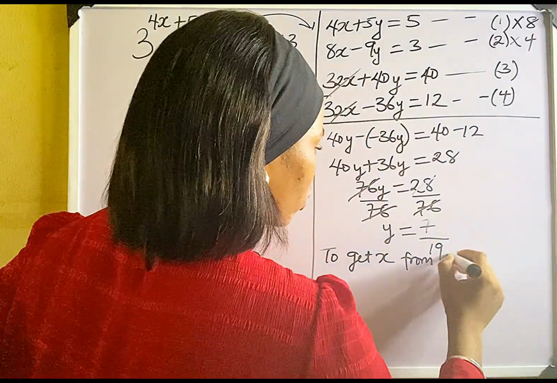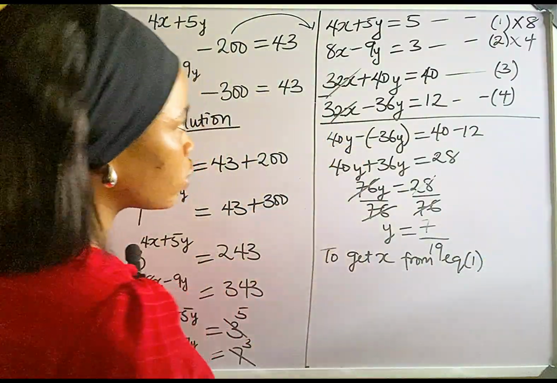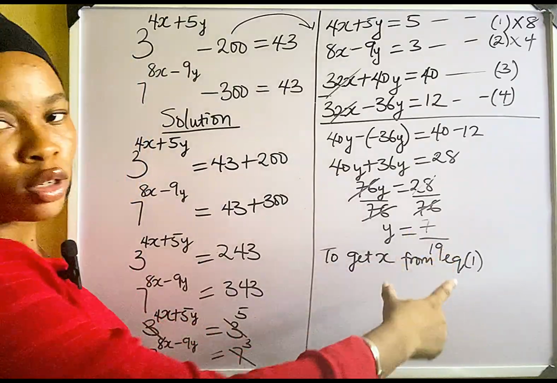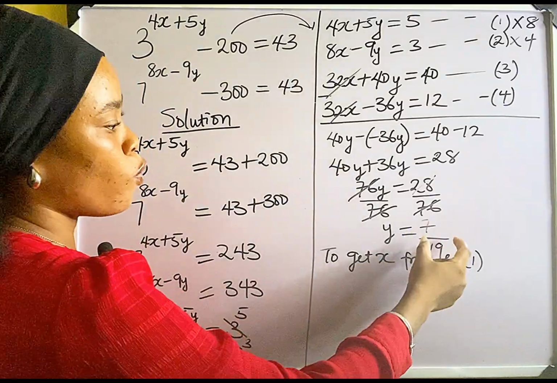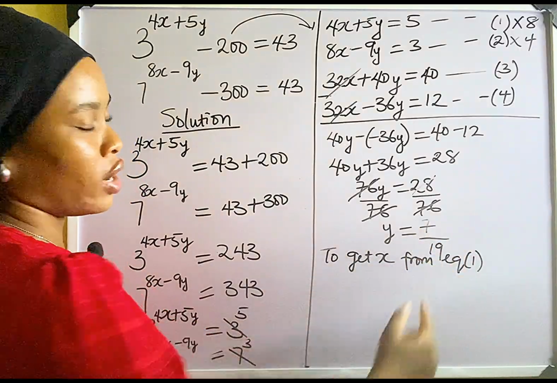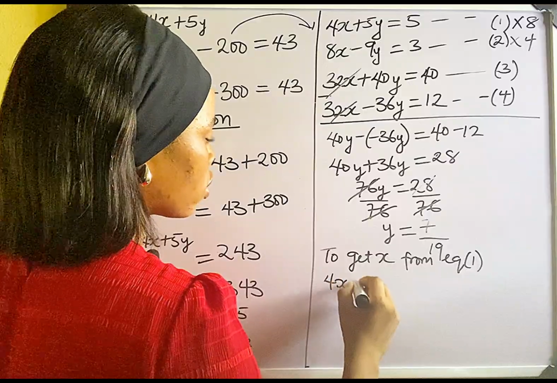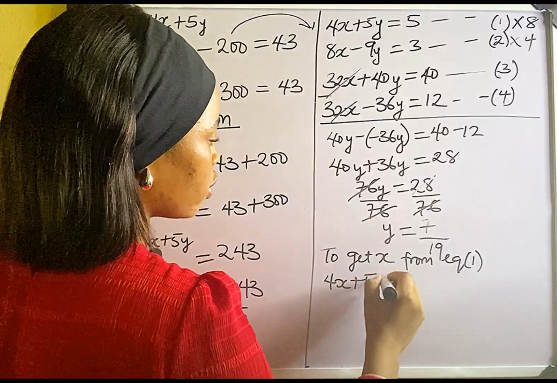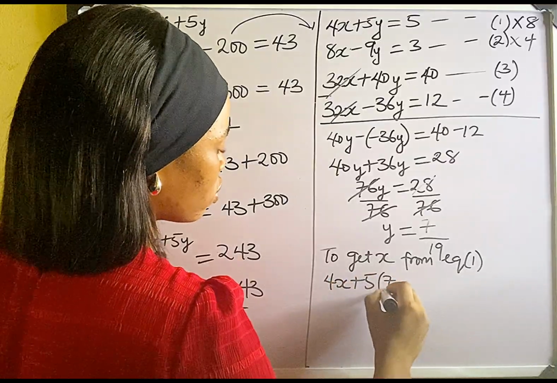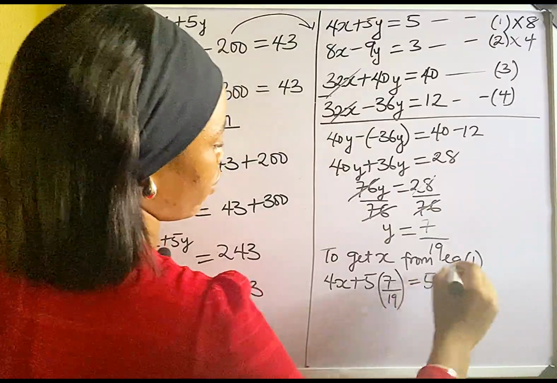So from equation 1, I now have my value for y. So wherever I see y in my equation 1, I'll replace it with 7 over 19. So this gives me 4x plus 5 into bracket 7 over 19 equals 5.